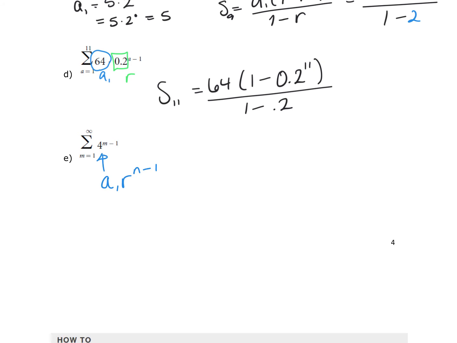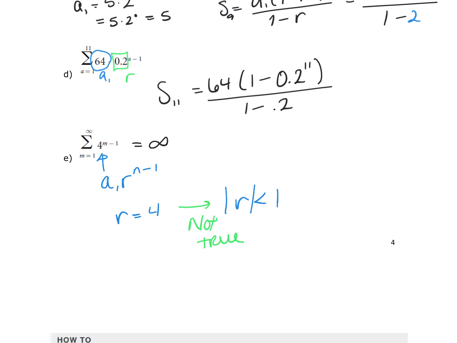So we know that this is a geometric series. Then I'm going to look at my r. My r happens to be 4. My r fails having an absolute value of less than 1, so this is not true.